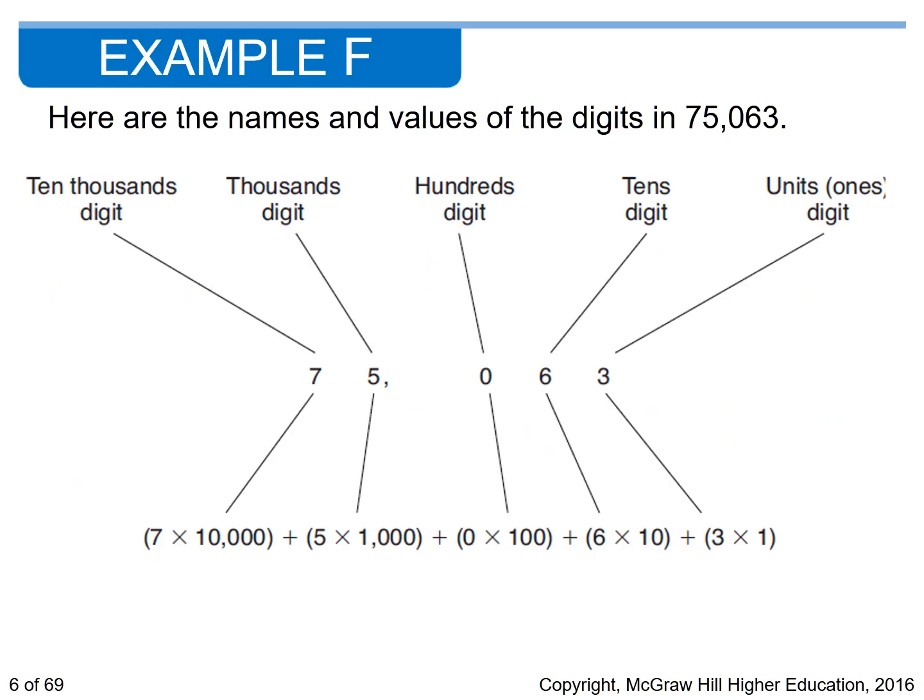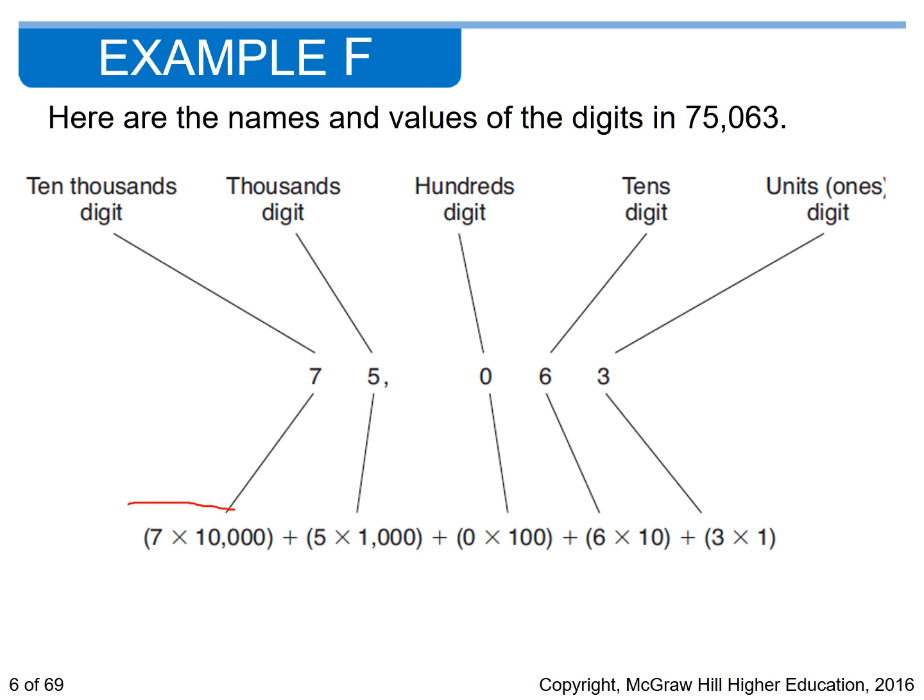So here is the number 75,063. Just by telling where it is, it matters that I put the 10,000s, then the thousands, then the hundreds, then the tens, and then the ones. So it's a place value system because the place matters.